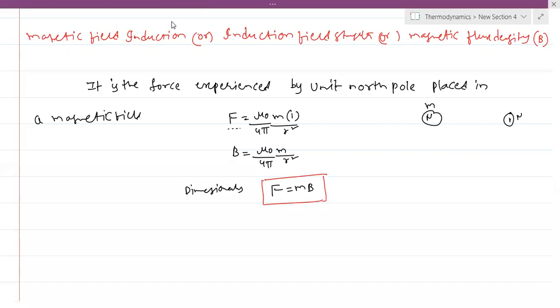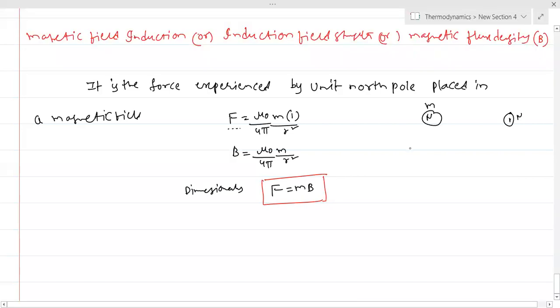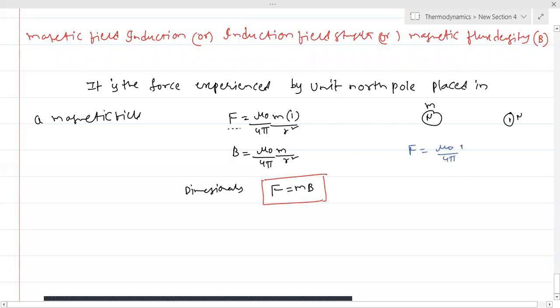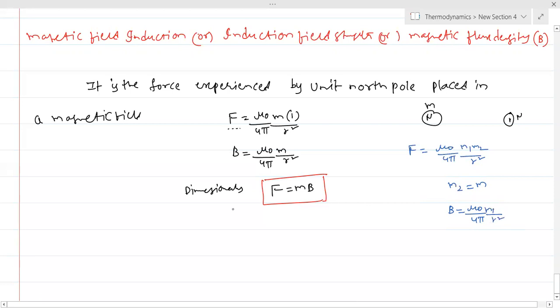Or simply, we can understand that in the formula F equals mu naught by 4 pi into m1 m2 by r square, we are taking m2 as m, and B is nothing but the magnetic field induced by a small point bar magnet, mu naught by 4 pi into m1 by r square. So F is equivalent to mB. This is very important.